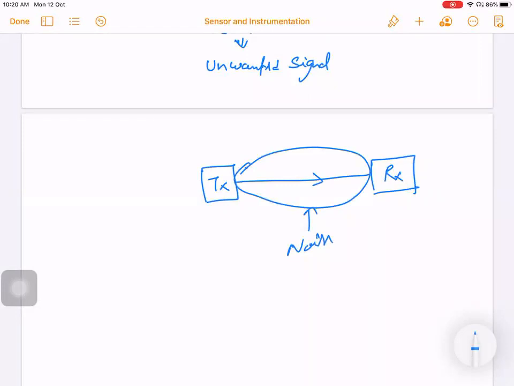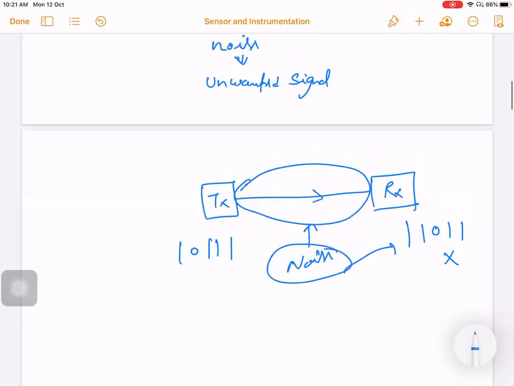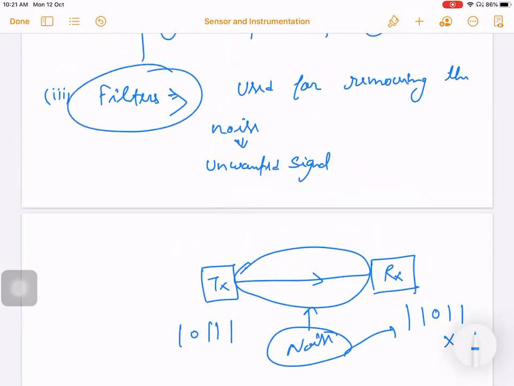Okay, now if I speak from your domain, let's say you had to send this data. Maybe there are possibilities that when you do it, that data changes with this. Okay, but you know that this is not the correct one. So maybe possibly the noise that was added here is the reason your data changed. Okay, so the filters are used for removing your noise.